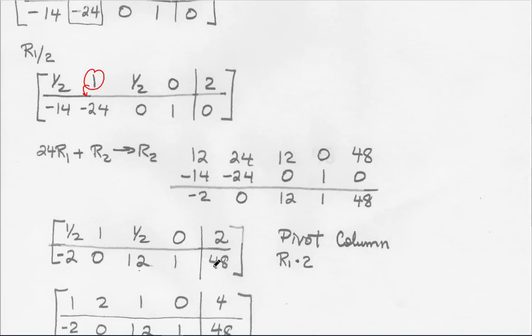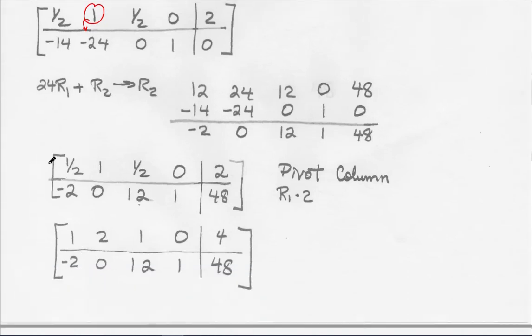Looking at row 2, I'm seeing there's still a negative down there. Therefore, this is the new pivot column. I want to make a 1 there, so multiply this row 1 by 2. Now I'm going to use that 1 to make a 0. So simply multiply the row by 2 and add.